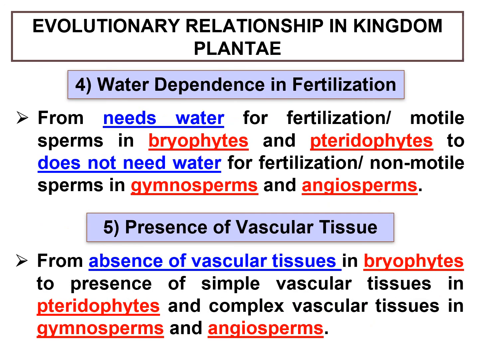But pteridophyte, the young sporophyte depends on the gametophyte, but then the mature sporophyte does not depend on the gametophyte. Water dependency in fertilization. Bryophyte needs water for fertilization. Pteridophyte needs water for fertilization, but then gymnosperms and angiosperms no longer depends on water for fertilization.